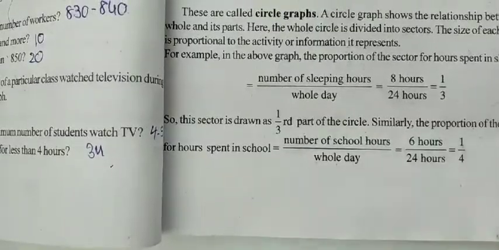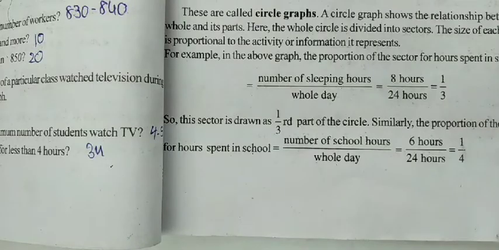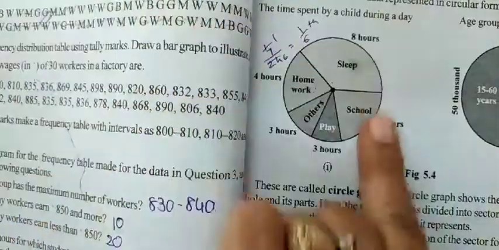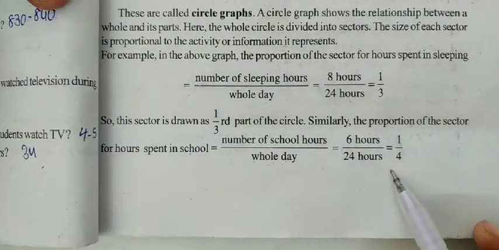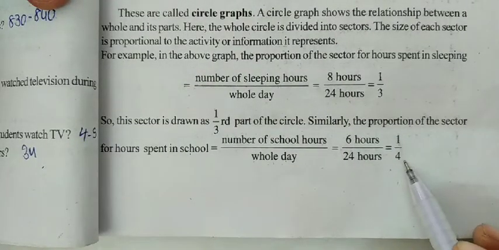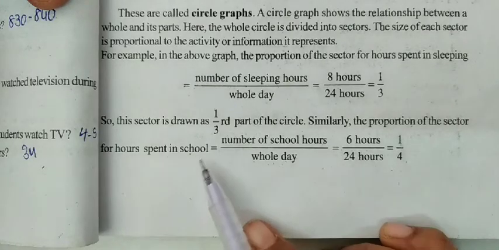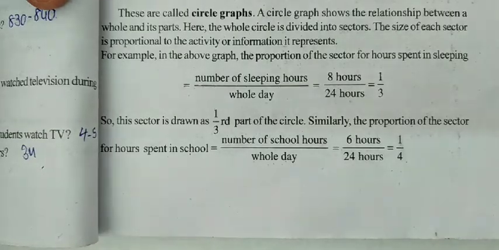Then in the textbook itself you have the proportion for hours spent in school. What is the proportion? Number of school hours divided by whole day, and here you can see 6 hours the child spent, so taken 6 upon 24, and on simplifying you get 1 by 4. So 1 upon 4th part of the circle is covered by hours spent by the child in school.